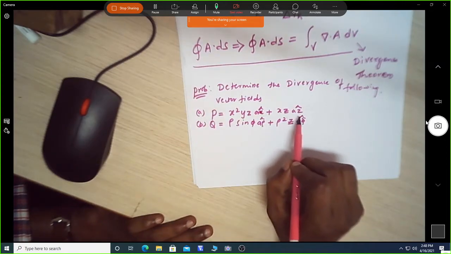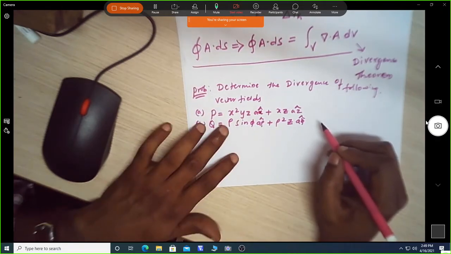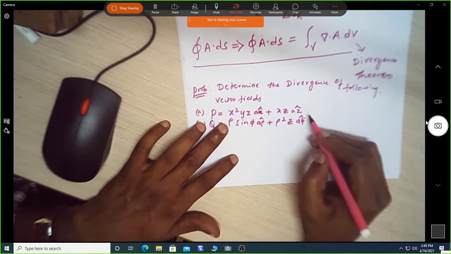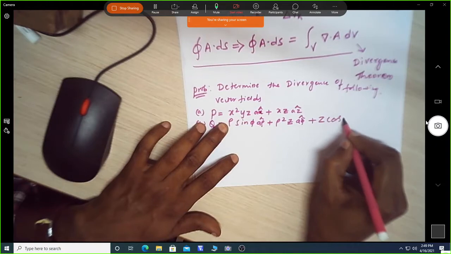Is it clear? Yes, sir, it is clear. Okay. So now for the Q vector, it is rho sin phi into arrow cap plus rho square z in a phi cap plus z cos phi in az cap.